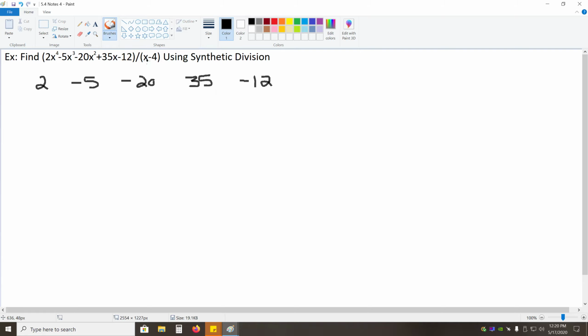We now want to take our divisor, x minus 4, and set it equal to 0 and solve for x. So we'll add 4 to each side, which gives us x equals 4. And that's going to be our value off to the left. We always want to put this little box symbol here to signify that it is separate from the other numbers.